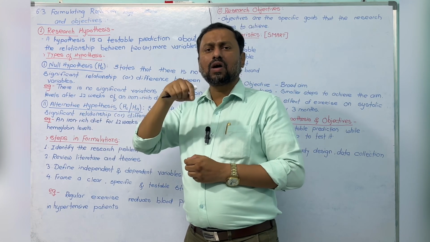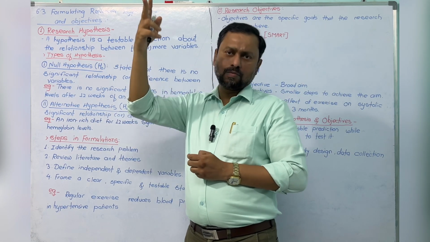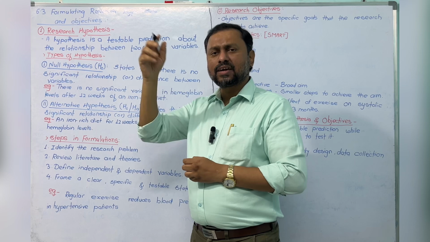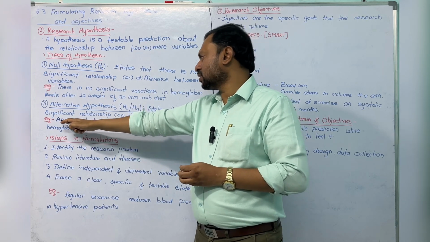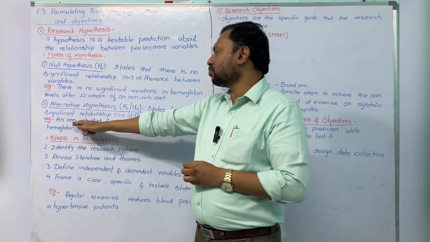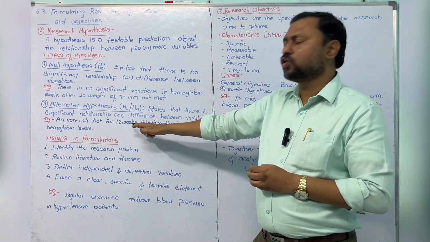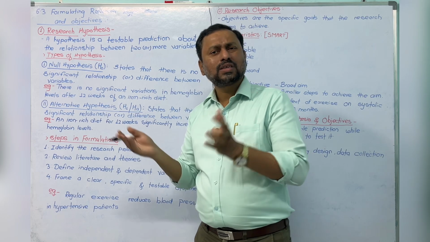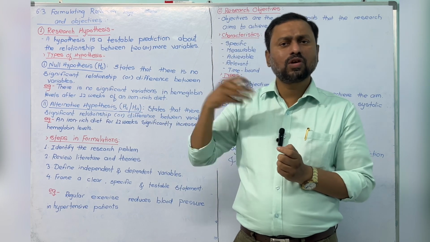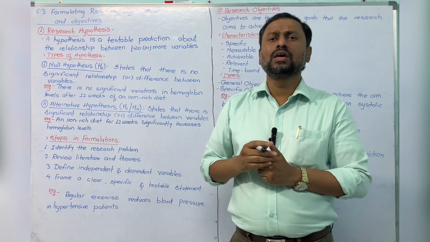Example: if you give iron rich food, then the hemoglobin increases. It is a direct relation. This is called the alternate hypothesis. Iron rich diet for 12 weeks significantly increases the hemoglobin level, because there is a relationship. If you give iron rich food, definitely hemoglobin increases.